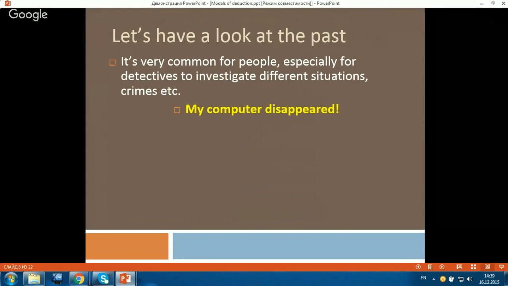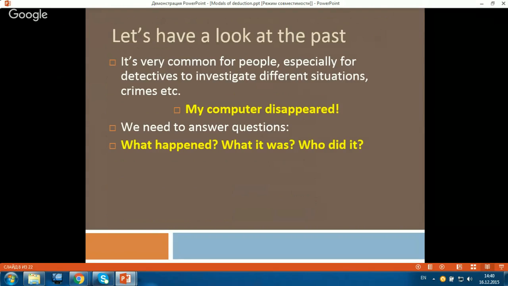For example, my computer disappeared. It's a fact of my past, but I want to know what happened. So we need to answer questions such as what happened, what it was, who did it, was it a crime or not?